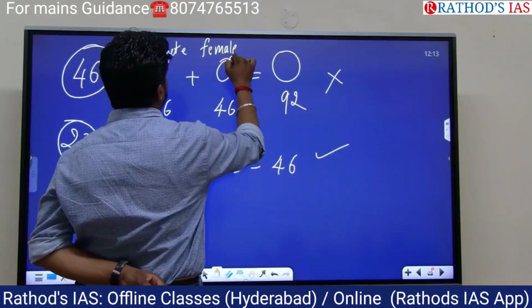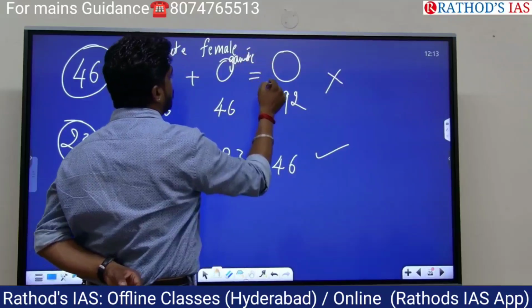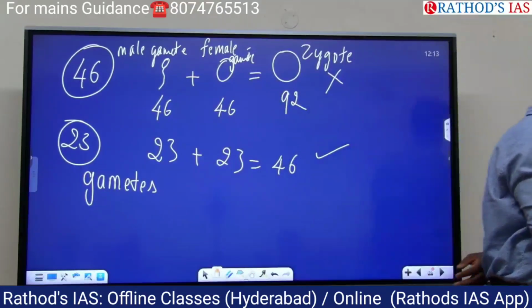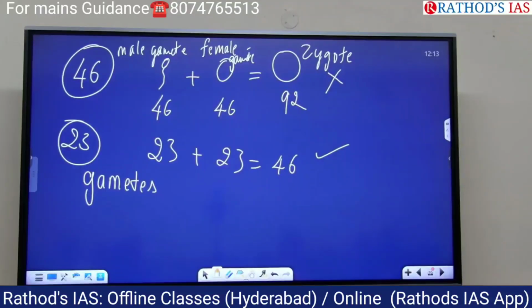So the male gamete and the female gamete fuse to form the zygote. Clear, boys and girls? So all the cells from head to toe have 46 chromosomes only. In your hair, skin, liver, intestine, everywhere the chromosome number is 46. But in sperm, 23. Egg, 23. Understood or not?